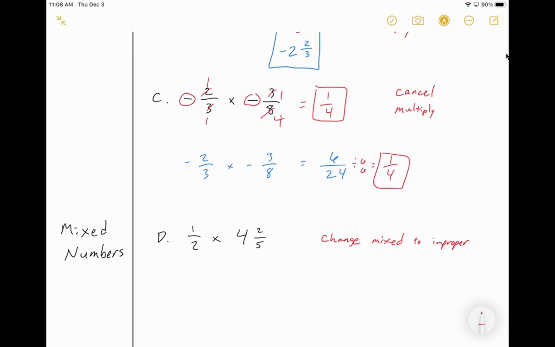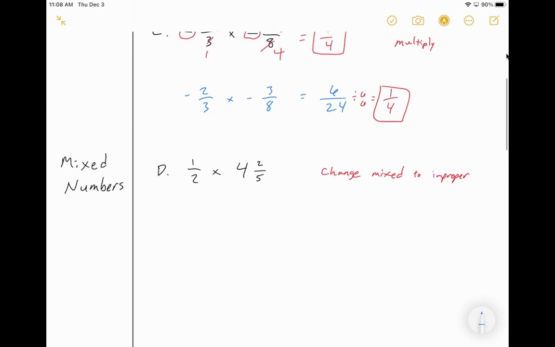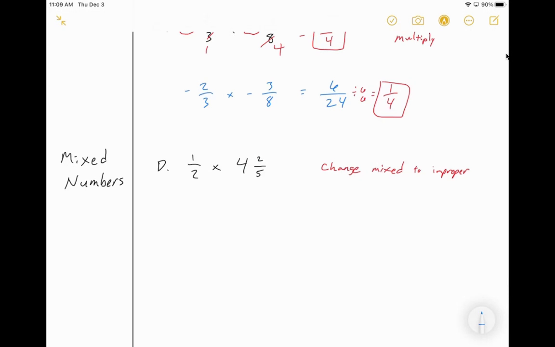So let's do that. So I have 1/2 still times, and then let's change this to an improper, right? 4 times 5 is 20 plus 2, right? So times here plus here, and I get 22 over 5, right?